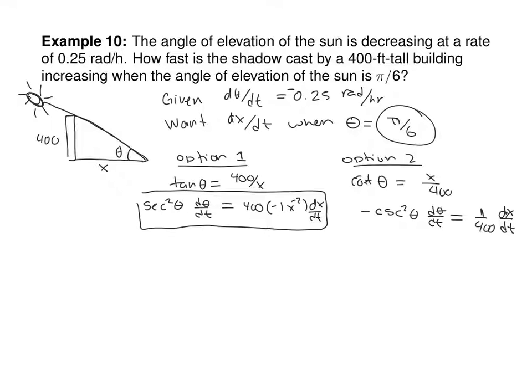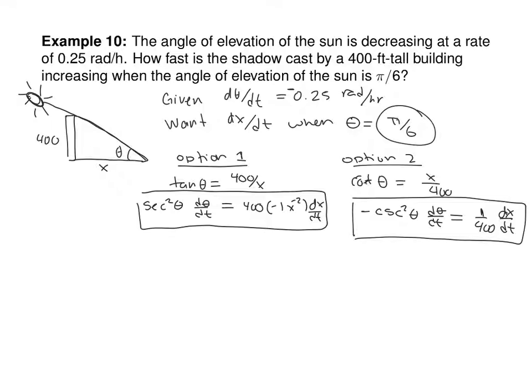That'd be fine, okay? But in this one, you don't even have to know what x is. As long as you do it correctly, you're going to get the same answer. But I've never seen anybody do option 1 correctly because they get lost in the details.